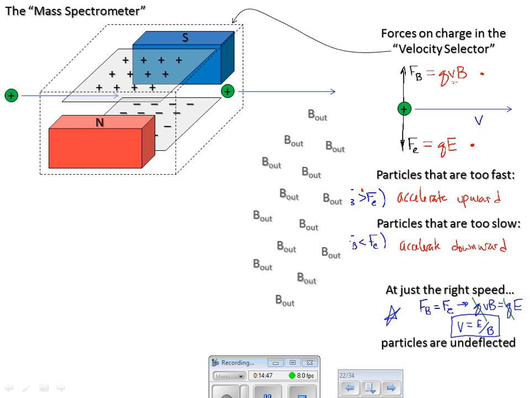Now the second part of this thing is once these particles come out of the velocity selector, they enter into this place where, in the way I set it up, we have a magnetic field that points out everywhere. And then we also put in this thing that I'll call a detector plate. And what happens here?